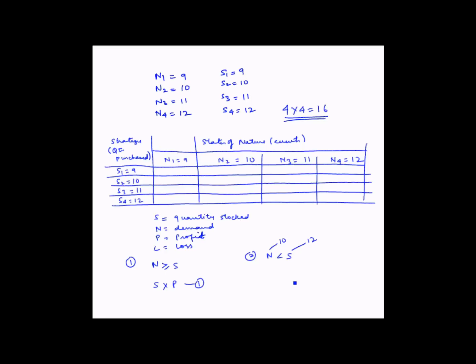So since our demand is less than the quantity stocked, basically we'll be able to sell all that is demanded. So if 10 was the demand and we have 12 in our stock, we'll be able to sell the 10 that is demanded. So on the demand that we have, we'll make complete profit. So the first part becomes P, that is profit, multiplied by the number that we are able to sell, that is N.